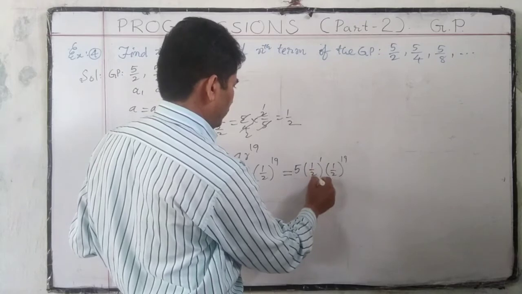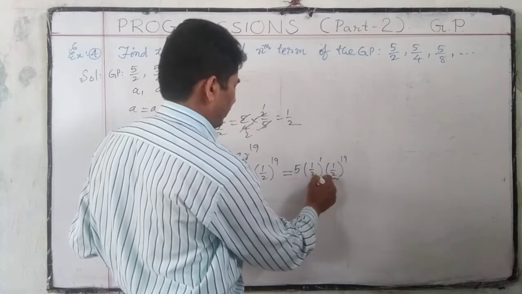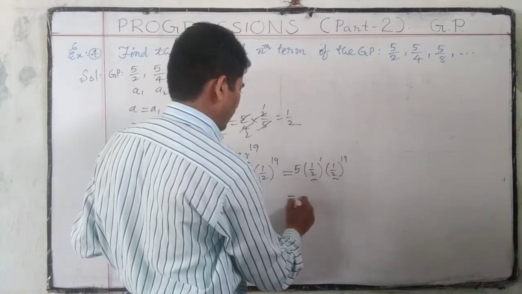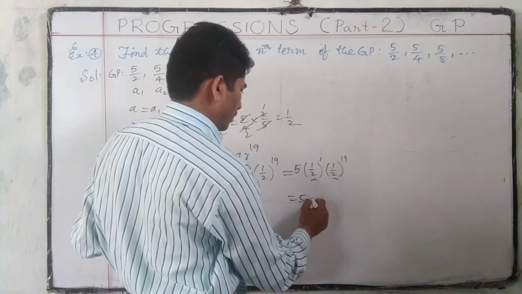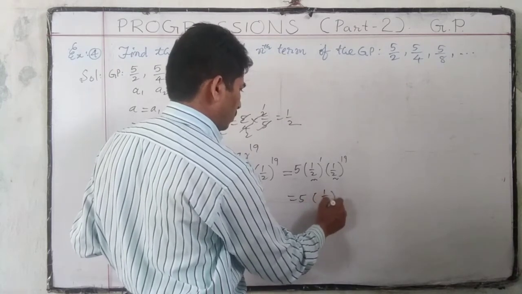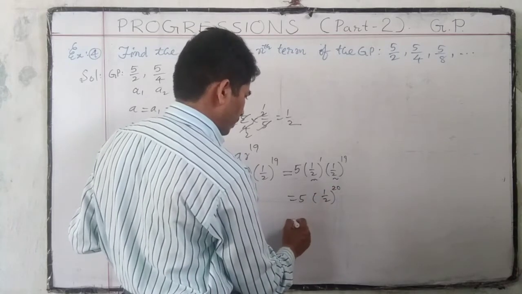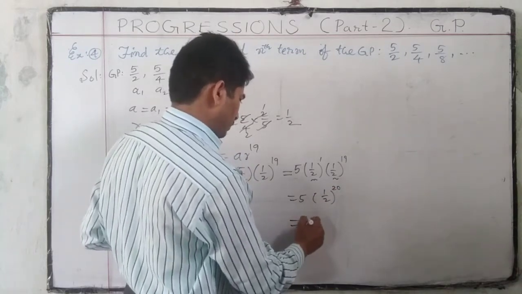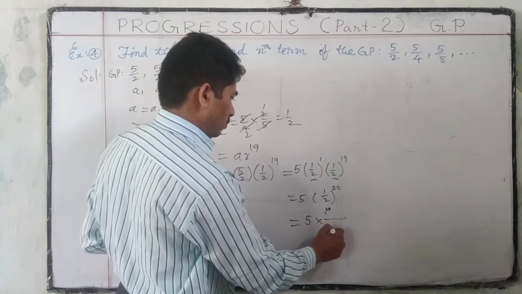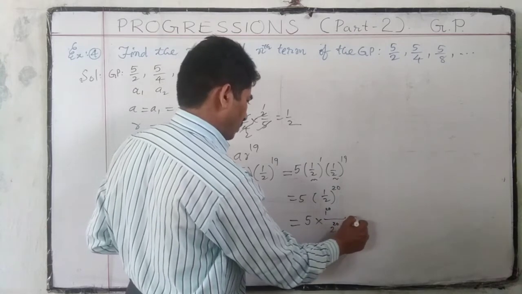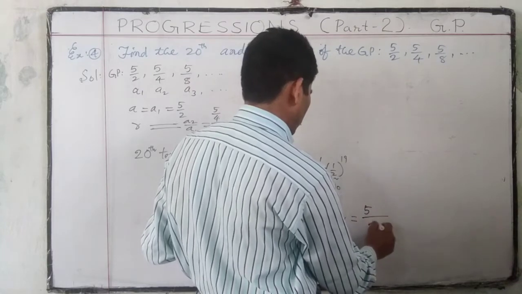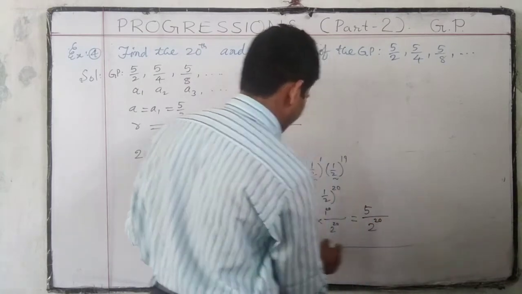So these bases are equal, so we can add the exponents. 5 into 1 by 2 all to the power of 20, that is equal to 5 into 1 to the power of 20 by 2 to the power of 20. 5 by 2 to the power of 20. So this is the answer.